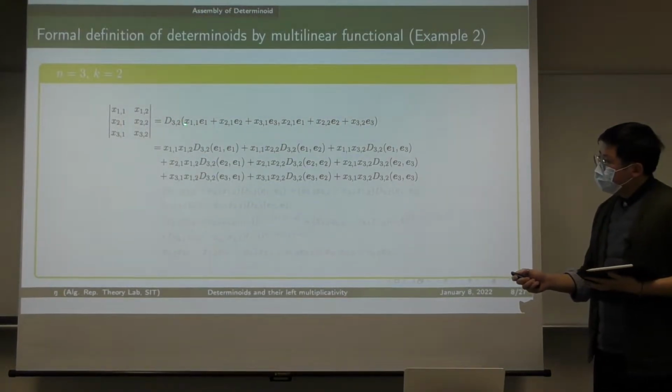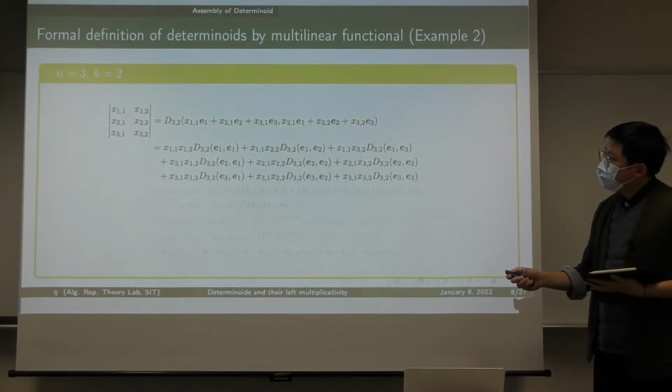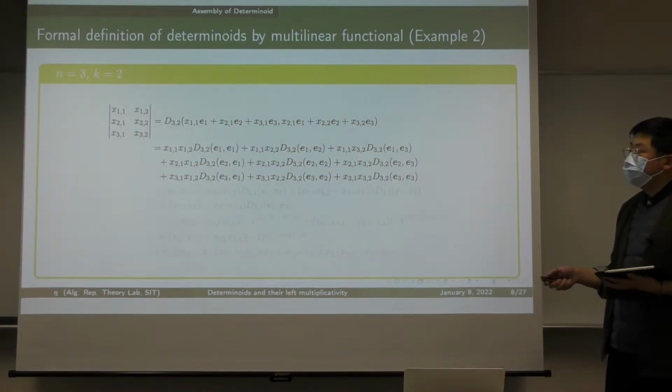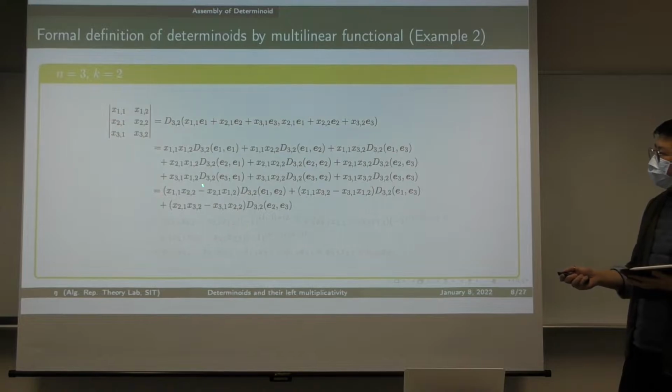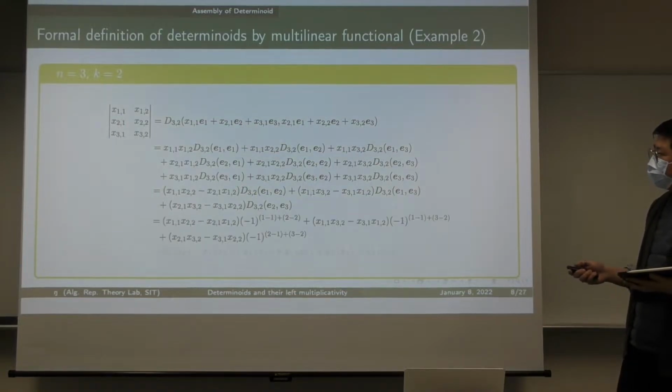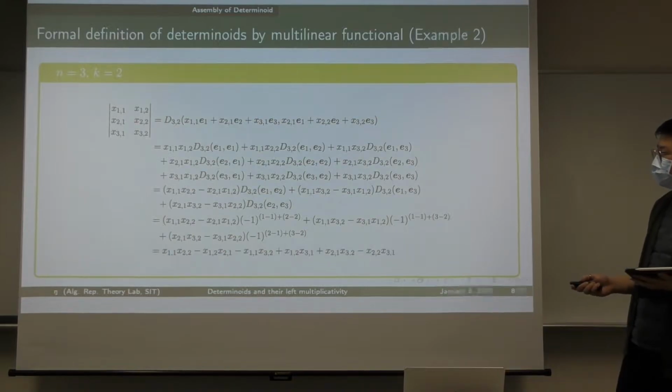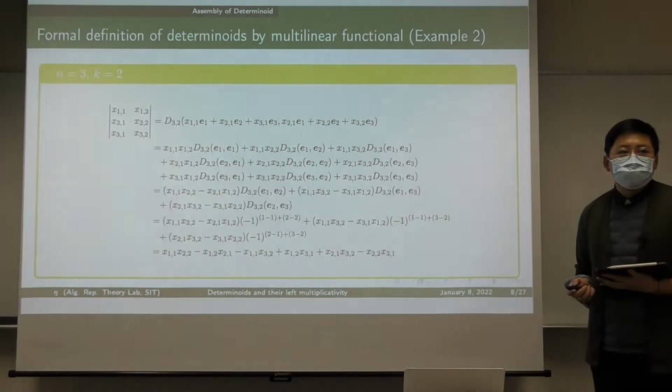Remember that d_{3,2} is an alternating function, so the terms having the same entries will disappear, or turn to 0. Grouping it together and simplifying by definition, d_{3,2} is defined with i minus 1 plus j minus 2, so it's like this. Simplify and rewrite it, and we have the definition of the 3 by 2 determinoid, like this.